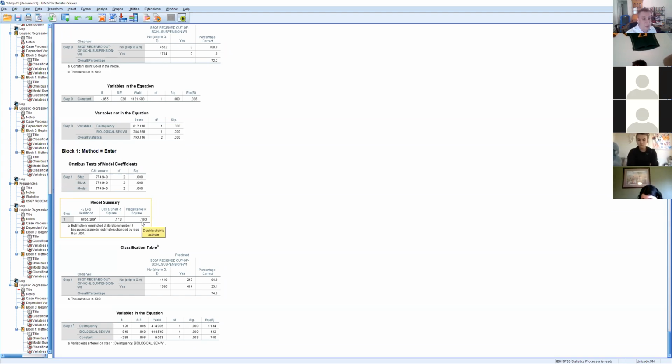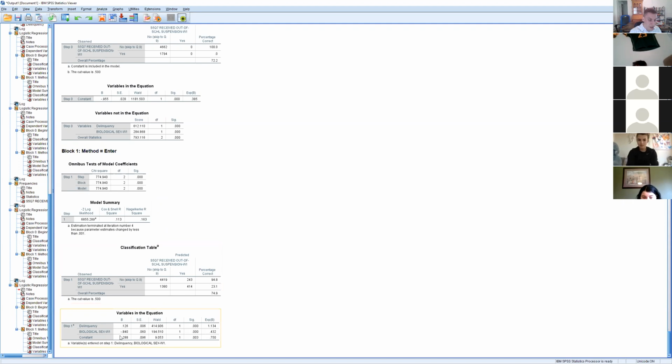It's out of a proportion that can't get higher than 1, so 16.3% of the variation in whether or not someone was suspended can be explained by those two variables combined. That's of importance. The classification table is not too terribly important for our purposes right here.